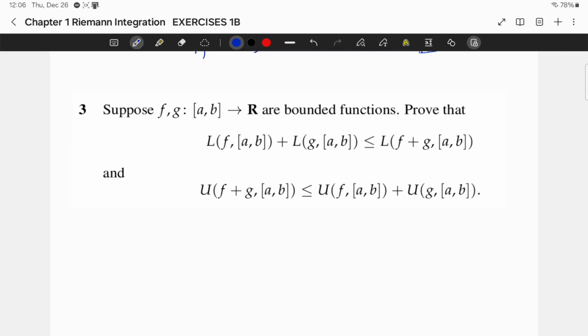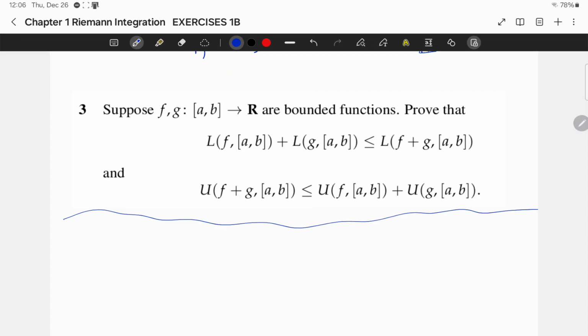We have to prove that the lower Riemann integral of f plus the lower Riemann integral of g is less than or equal to the lower Riemann integral of the sum of those functions, and then the same thing for the upper Riemann integral.